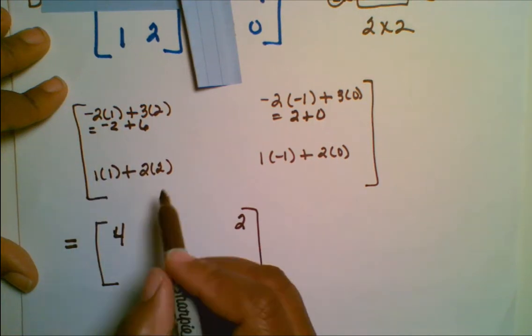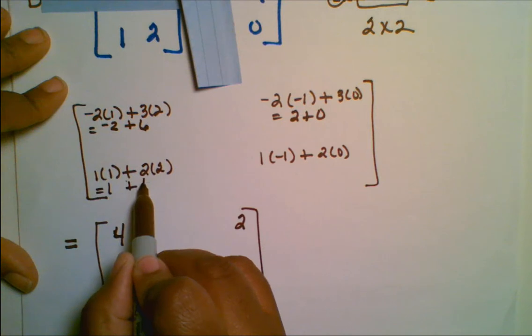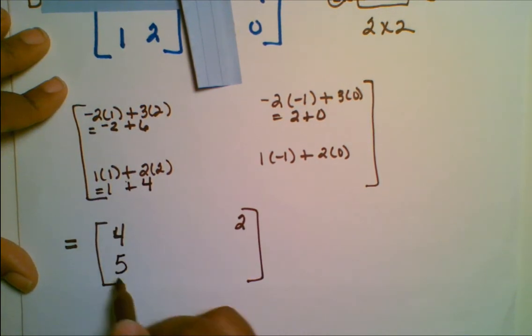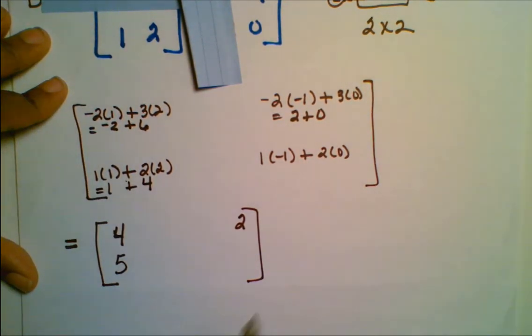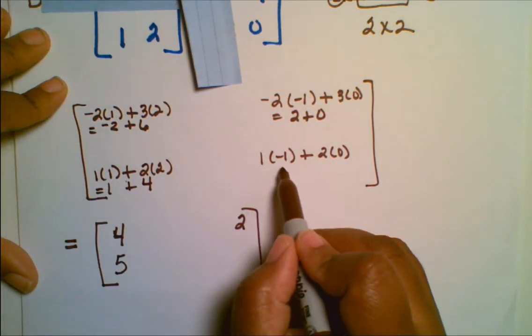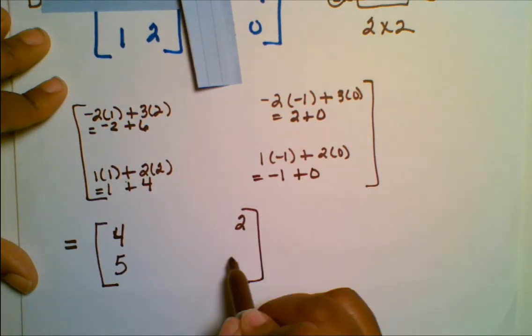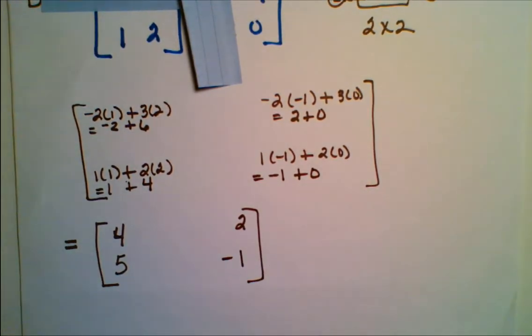Row 2, column 1: 1 times 1 is 1, plus 2 times 2 is 4. Add those together, we have 5. Row 2, column 2: 1 times negative 1 is negative 1, plus 0, that gives us negative 1. There we go.